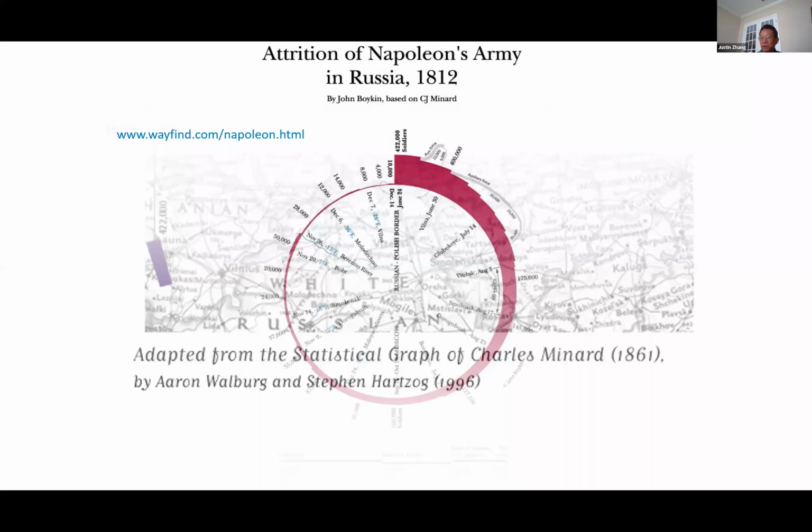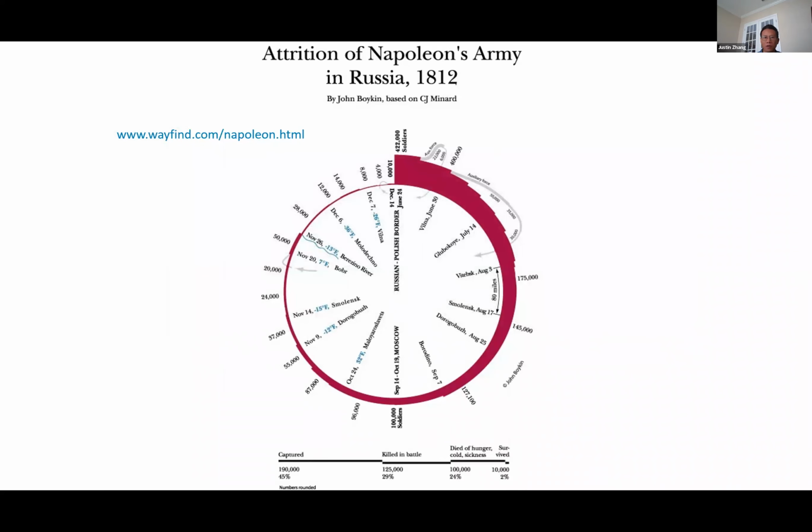So here is a redesign by John Boykin based on Charles Minard's data visualization. He made this in a circular format, trying to give some specific information about the shrinking of the number of soldiers.